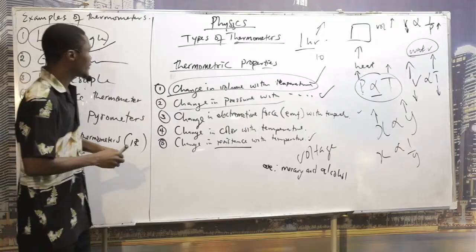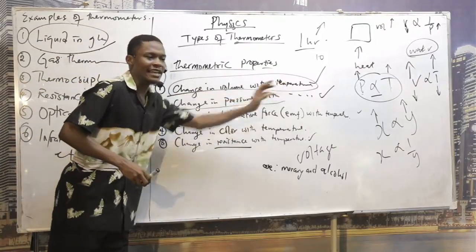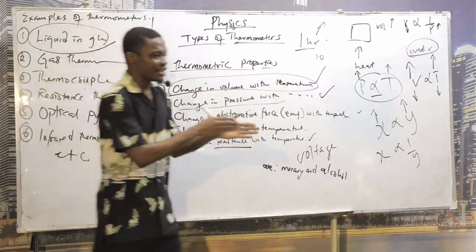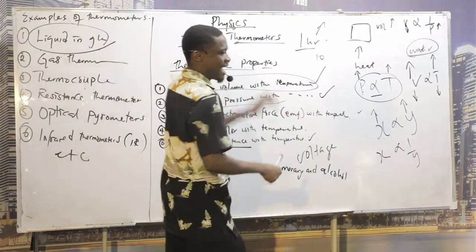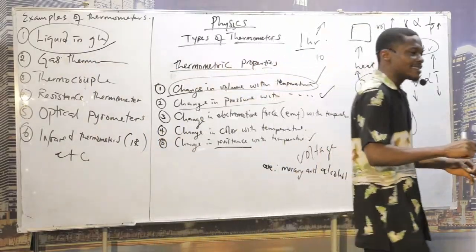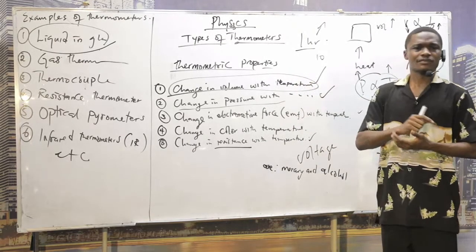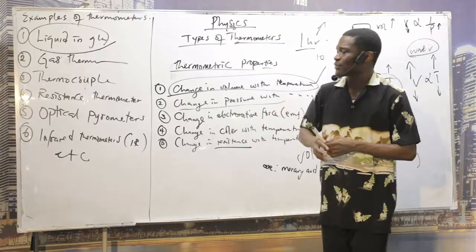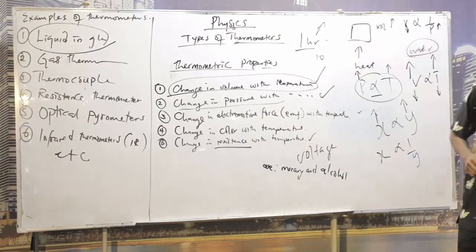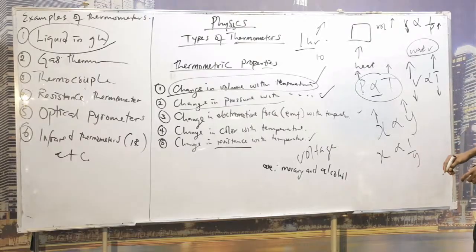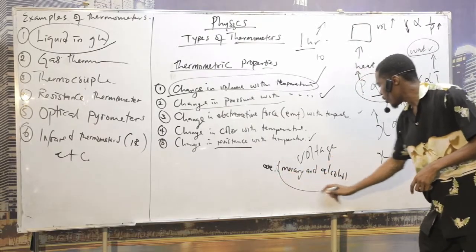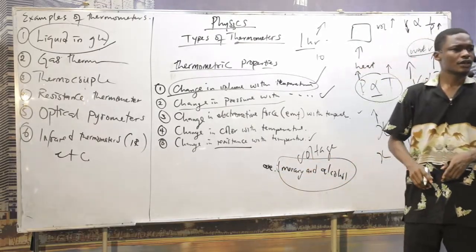It is change in volume with temperature. So there is a liquid inside a glass, and the volume of that liquid changes whenever there is a change in temperature. That is basically what it means. We further said that the two liquids commonly used are mercury and alcohol.